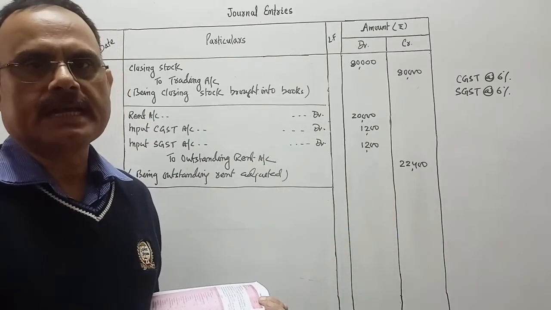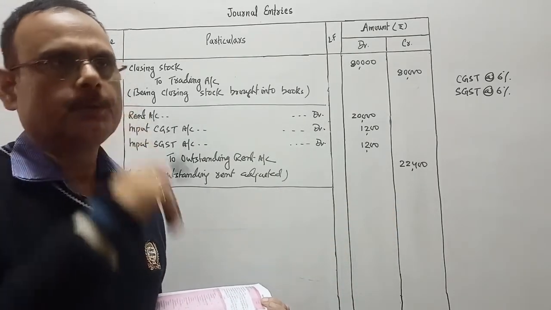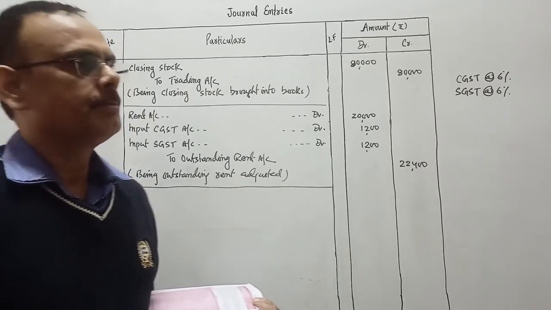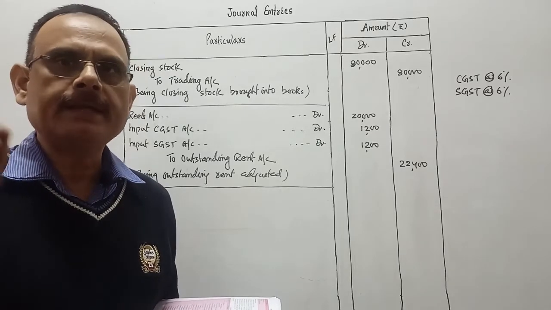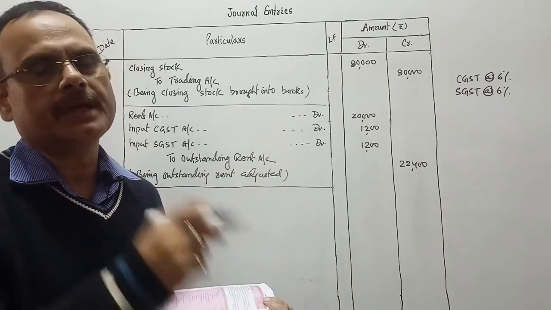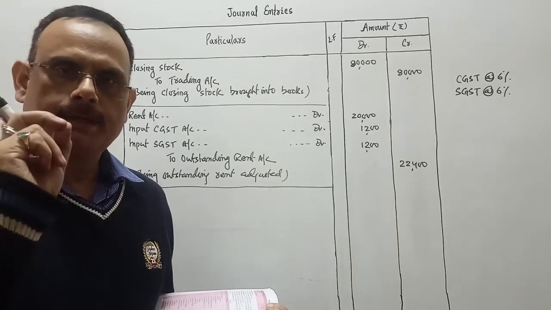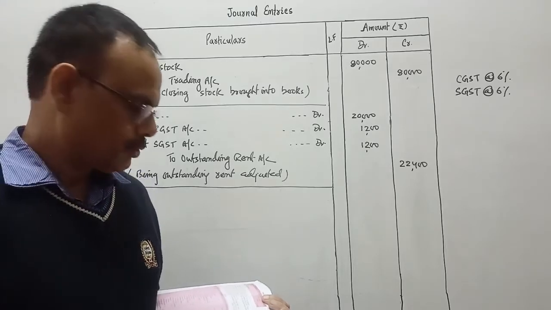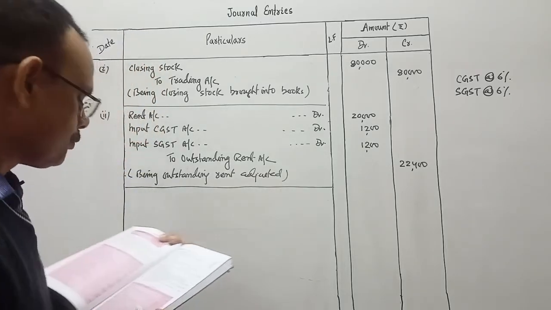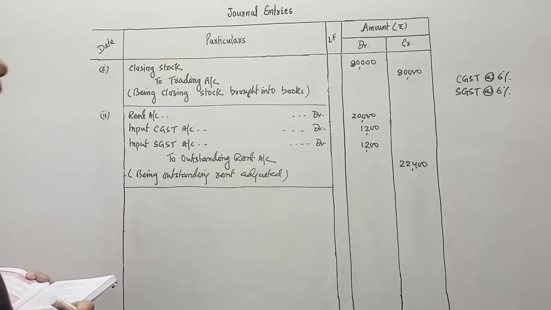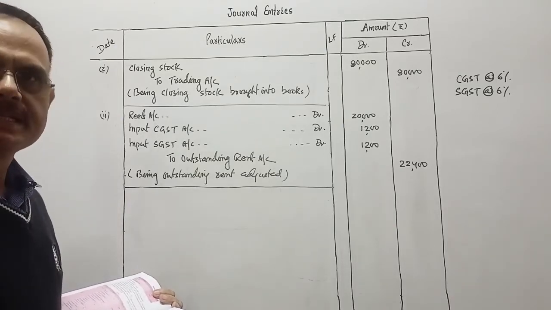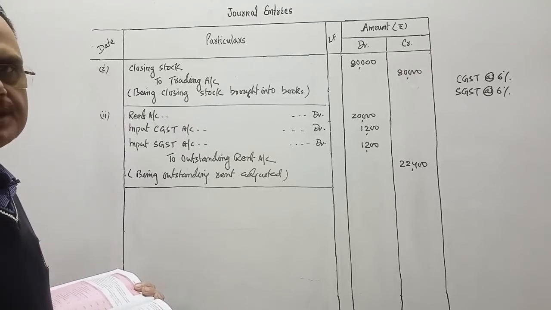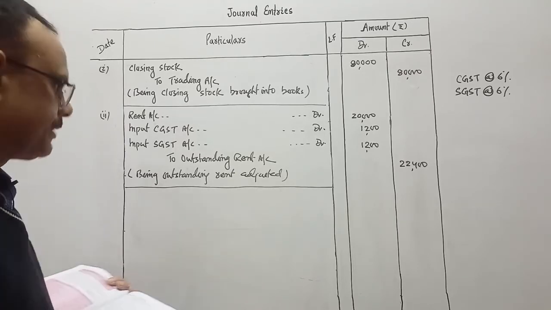When we record these transactions as adjustment entries in the books, we are not going to pass the entry for CGST and SGST, because when we paid this amount earlier, we had already done the entry of CGST and SGST. So at the time of adjustment, we are not going to pass the entry for central GST and state GST. In case of prepaid expenses, CGST and SGST is not recorded in the adjustment entry.